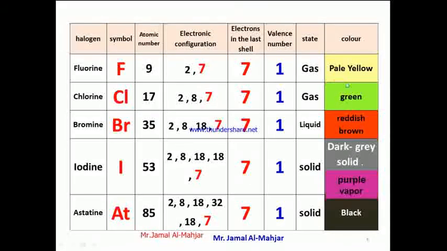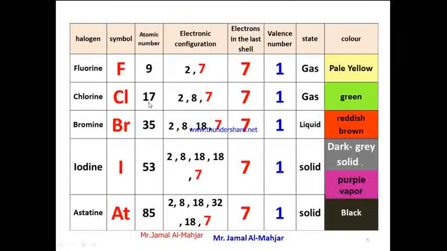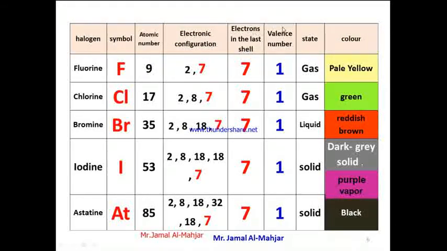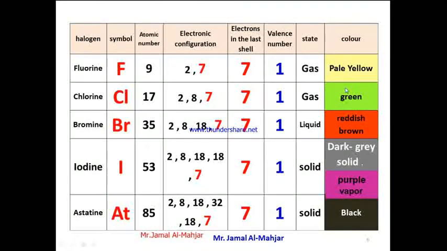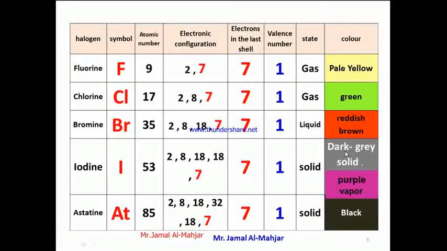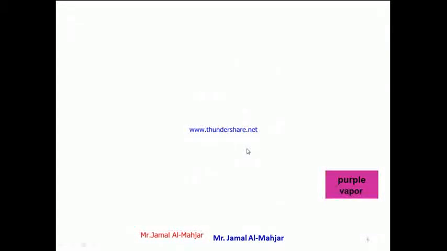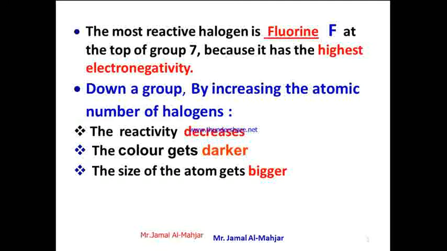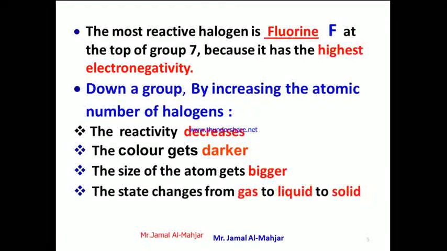Now we want to compare the atomic number and the reactivity and the states and the color. As I said, the reactivity decreases by increasing the atomic number. The state changes from gas, liquid into solid, and the color gets darker. Here it is in this slide.